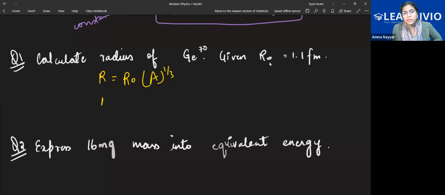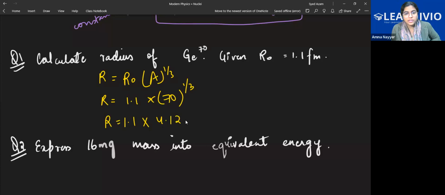R naught is 1.1. A is given, the mass number is given as 70. So this is 70 to the power 1 by 3. So R will be equal to 1.1 into, this is around 4.12.